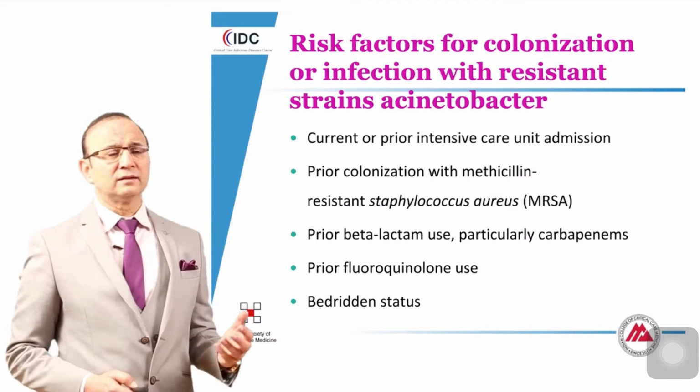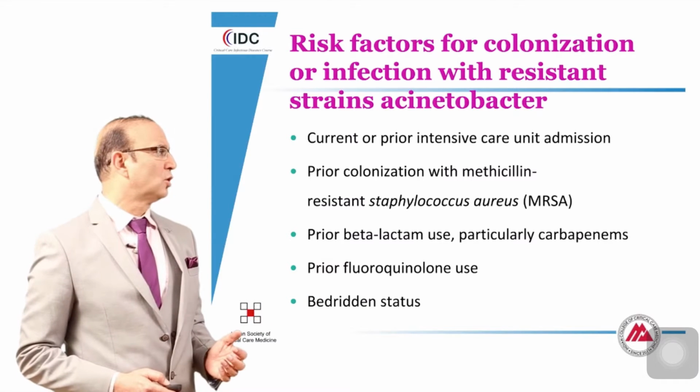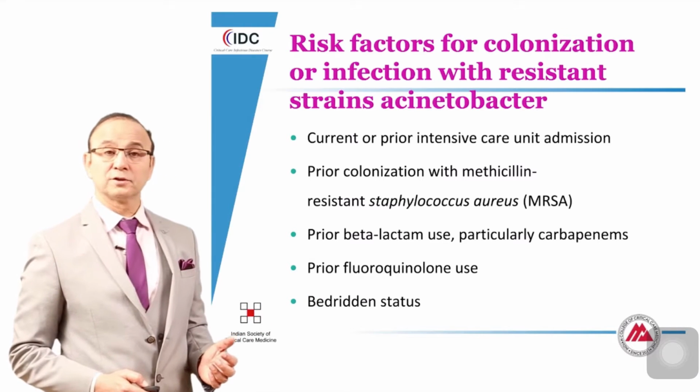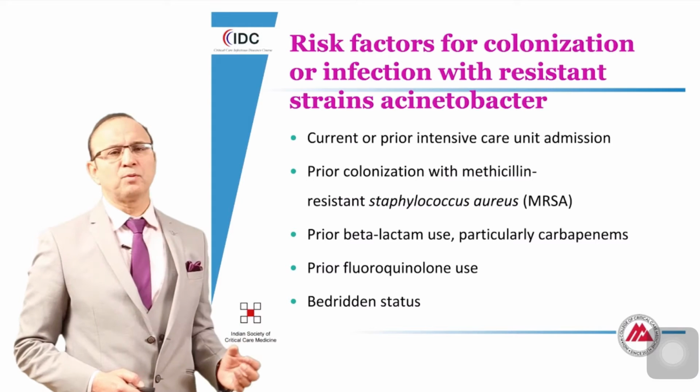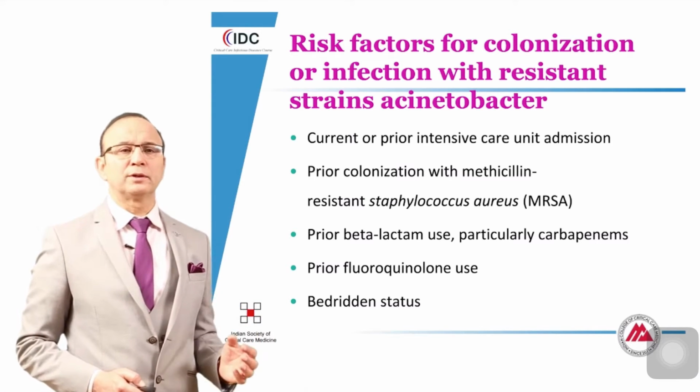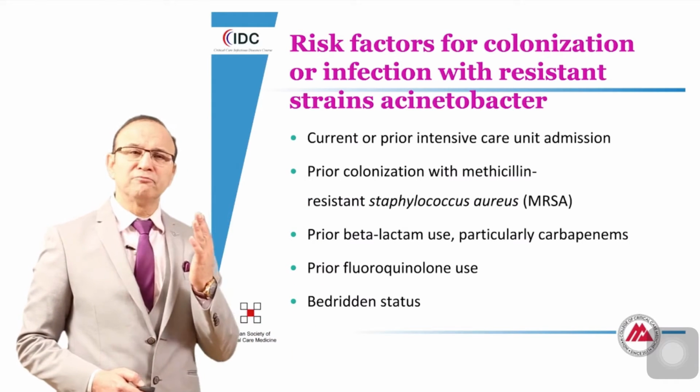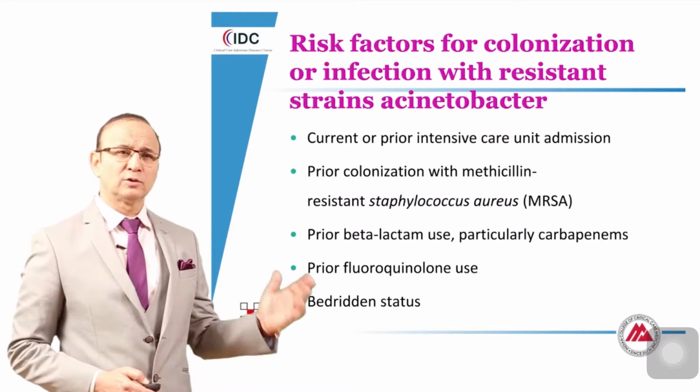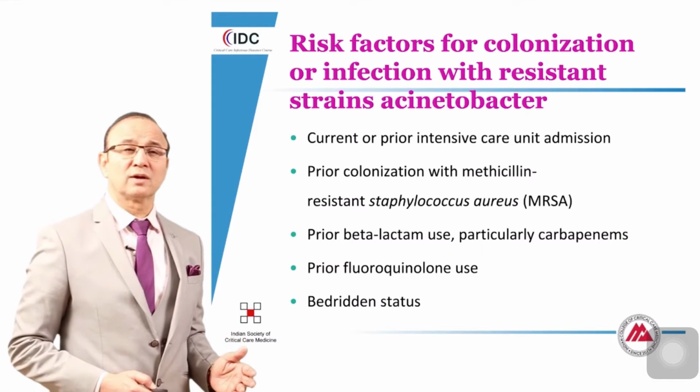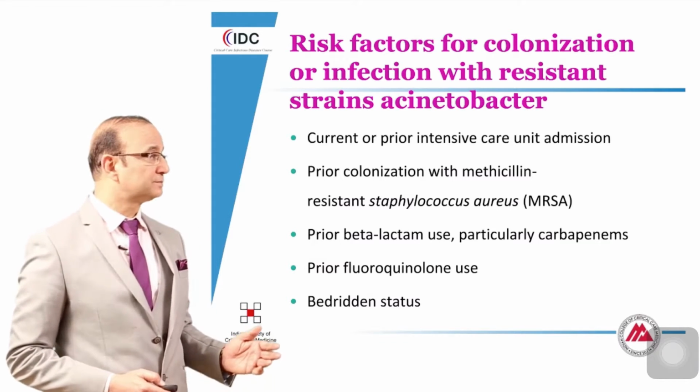Let's understand a little bit about the risk factors for colonization or infection with Acinetobacter. Most important is the stay in the hospital or in the ICU, which is a very important risk factor for multi-drug resistant or XDR Acinetobacter.